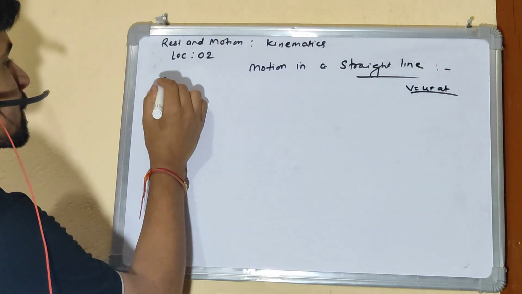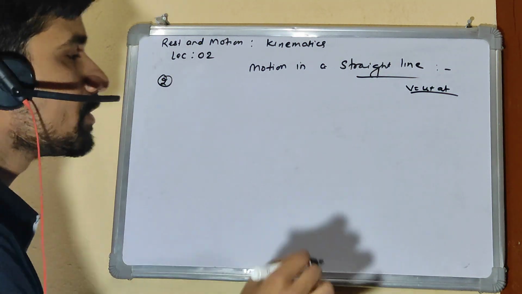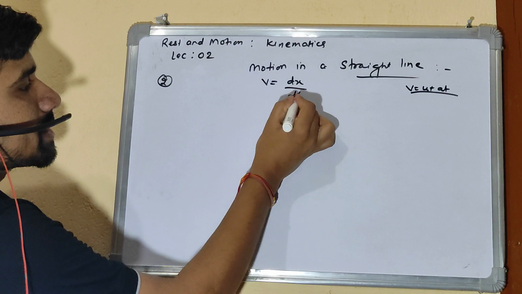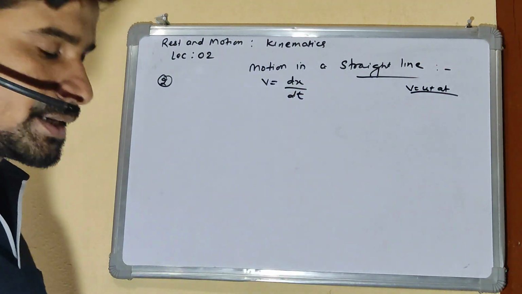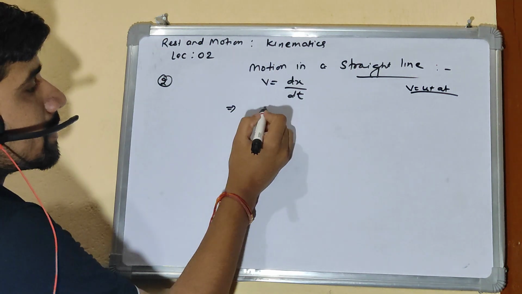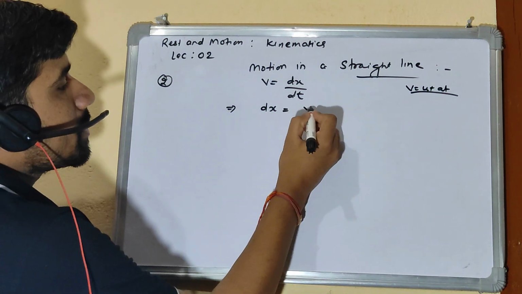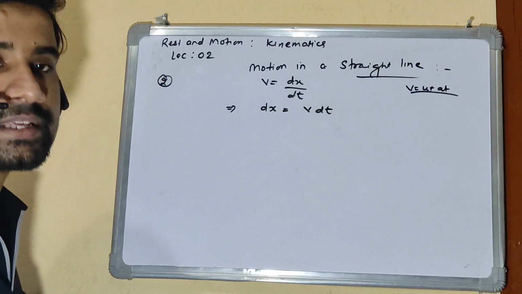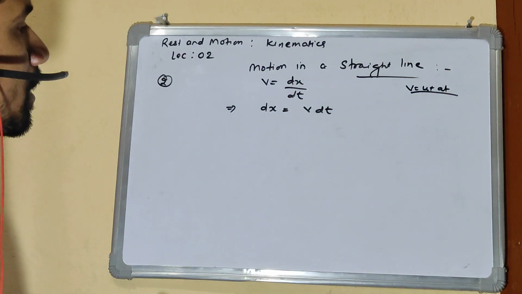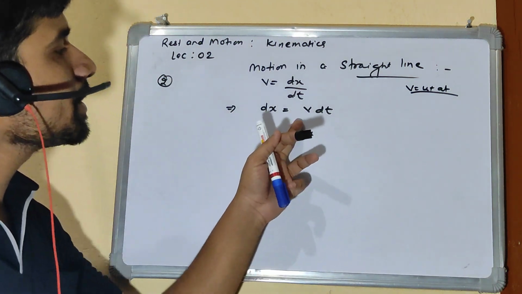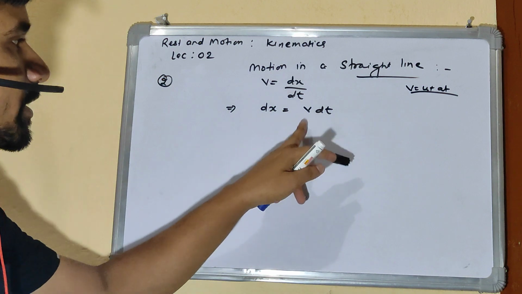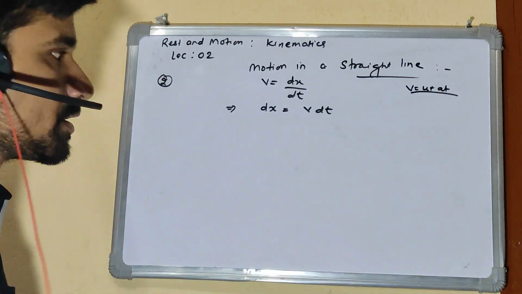Now for the second equation of motion, we know that velocity is given by rate of change of displacement by time, dx by dt. Now if I again do a cross multiplication, dx will become v dt. Now can I get this final velocity v from the first equation?